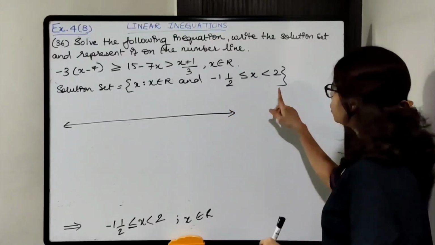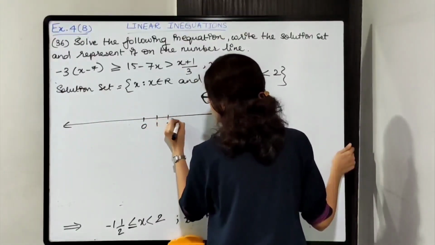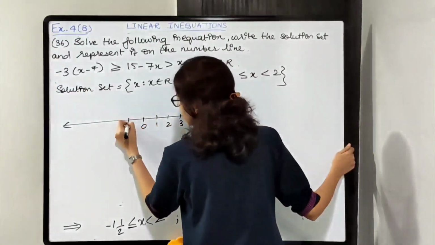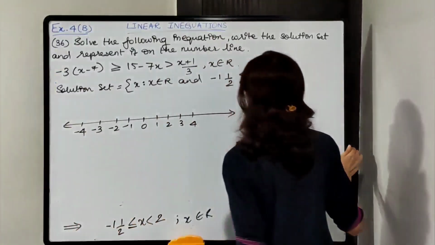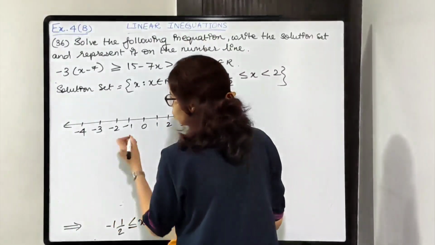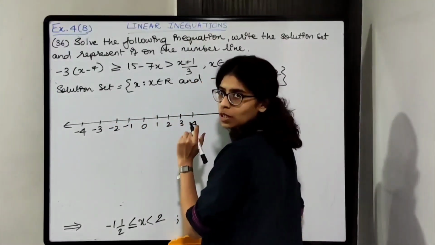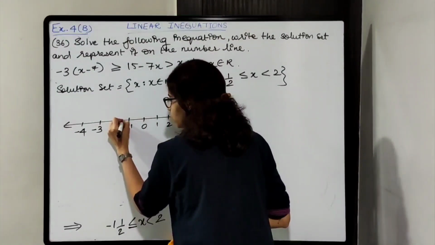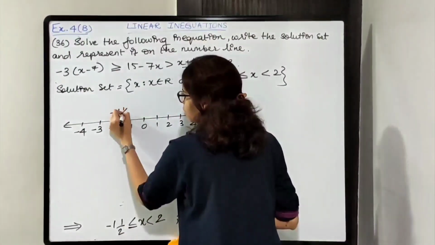The range is minus 1.5 to 2, so 0, 1, 2, 3, 4. Minus 1, minus 2, minus 3, minus 4. Minus 1.5, that is minus 1.5. So minus 1.5 is between minus 2 and minus 1. Okay, so in between. This will be minus 1.5.